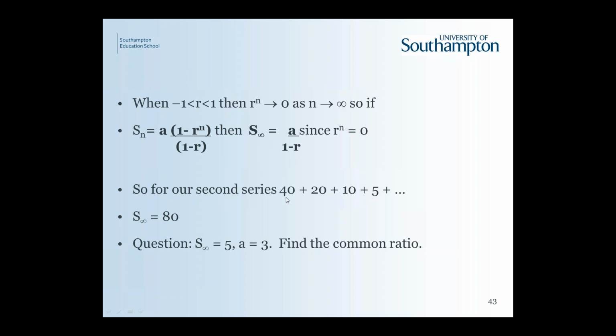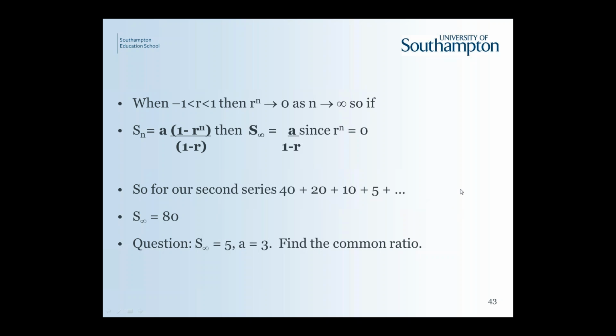So for this second series, 40 plus 20 plus 10 plus 5, what we're saying is, sorry, rather not the limit that it's headed to, because that would be sort of 0, it's the total that we'd get if we were to add all the terms of the series. So 40 plus 20 plus 10 plus 5 plus 2.5 plus 1.25 and so on.